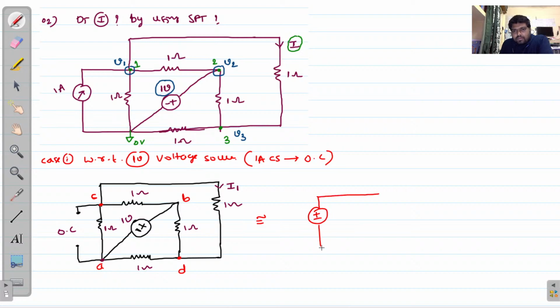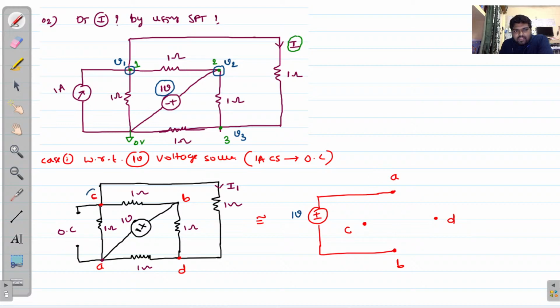Taking the terminals A, B, C, and D, I will form a bridge. Now take the terminal nodes, and whatever element is between the terminal nodes, you draw that element here. For example, taking A and B, between A and B we have a source, the 1 volt voltage source. Now I'm taking C and D.